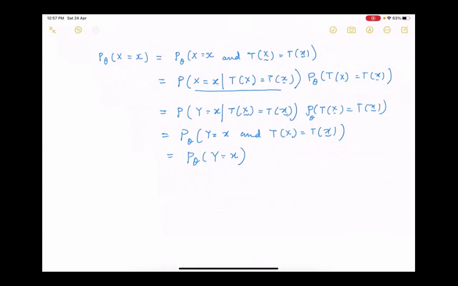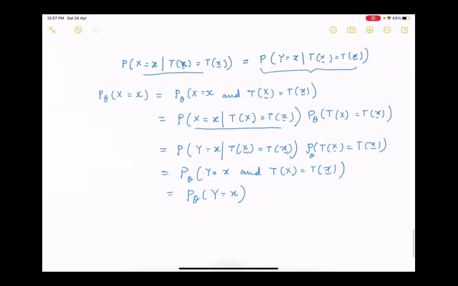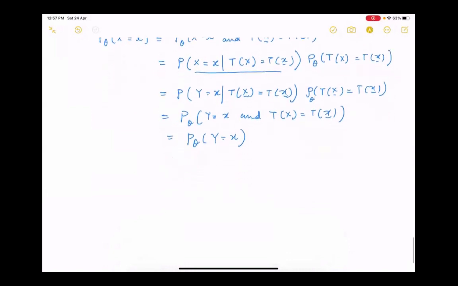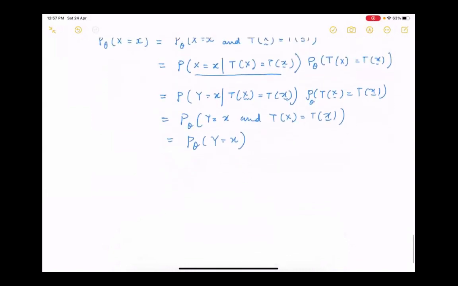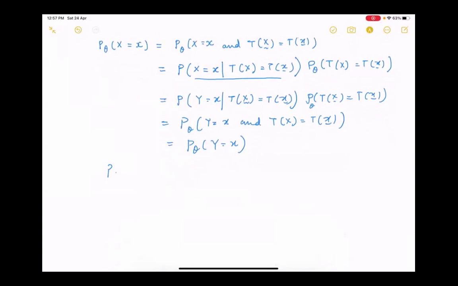So now if that is so, we can just focus on this particular conditional distribution: P theta of X equal to small x given Tx tilde equal to T of small x.